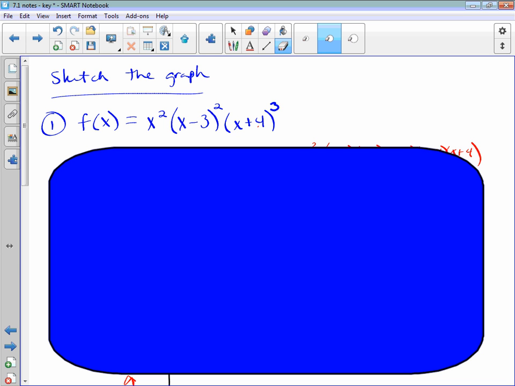Sketch the graph of that. There's 3. Oh man, and they all have multiplicities. Holy cow! I think you can do it.